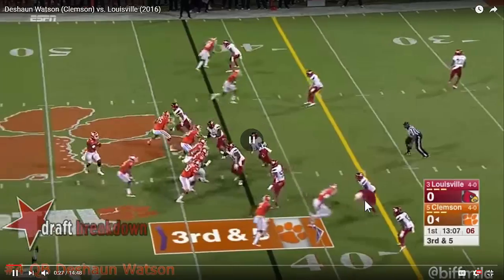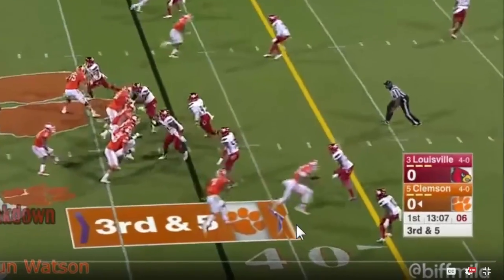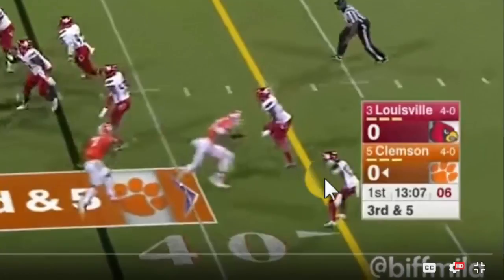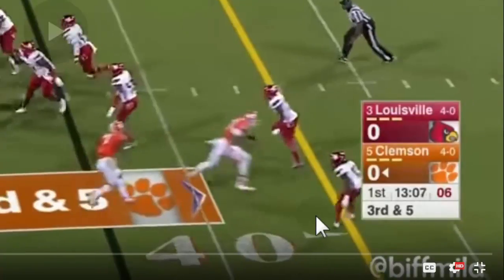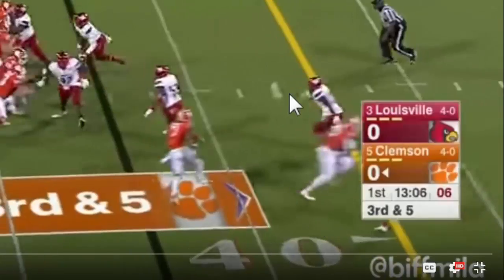Looking at how the routes are unfolding at this bottom right, you can see that the cornerback is sitting down in this shallow zone. The linebacker is playing this inside part of the zone, and that safety on the right is indeed covering the slot receiver man on man deeper down the field.